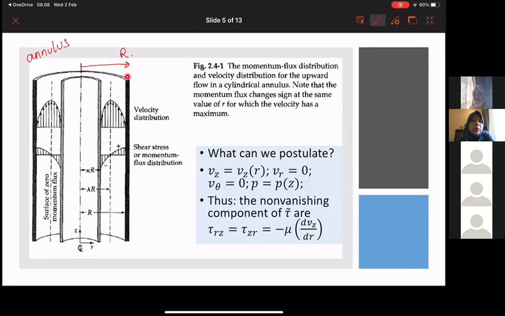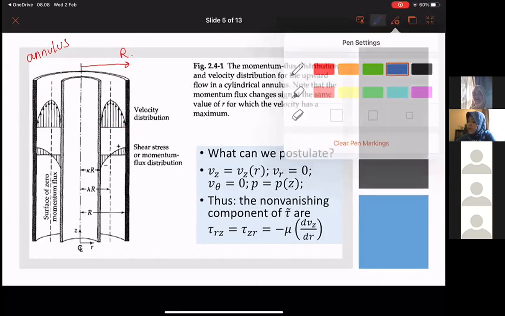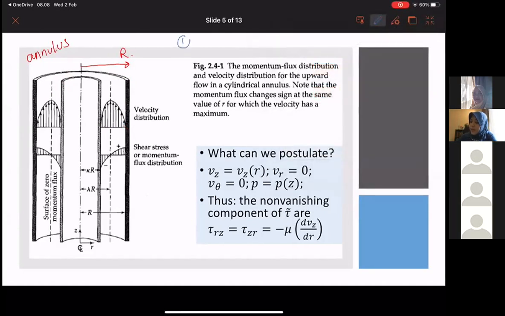First we have to think about the phenomena. What we know is that the velocity just inside the wall should always be 0. So first, we have to determine the coordinate. The coordinate origin is usually at the origin of the flow.